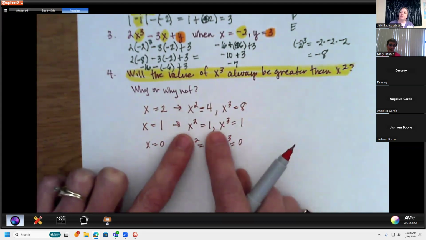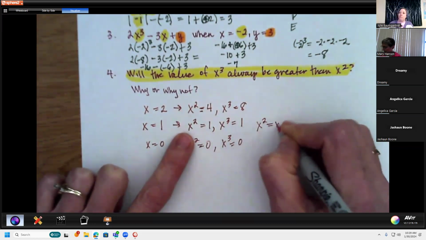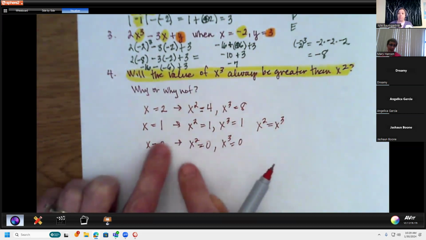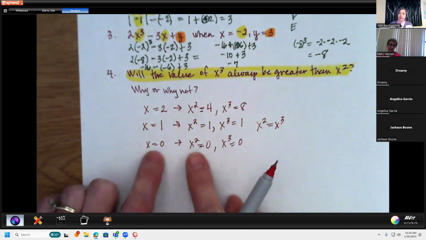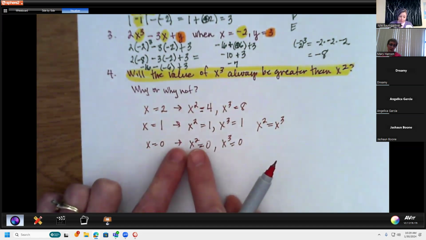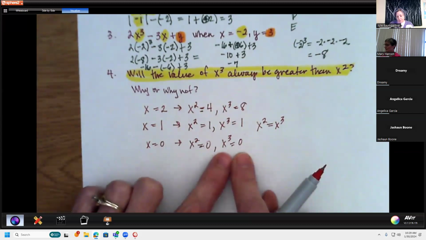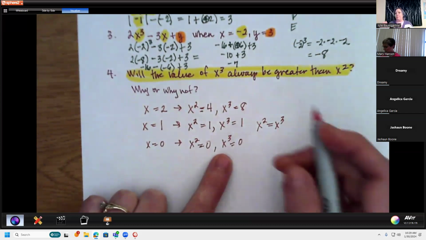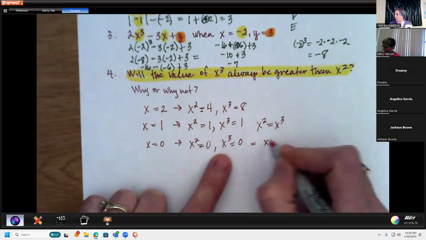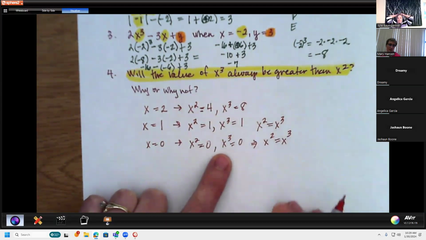And so in this case, x squared equals x cubed. And also right for 0. If x is 0, x squared is 0 times 0, which is 0. And x cubed is 0 times 0 times 0, which is also 0. And that's another case where x squared is equal to x cubed.